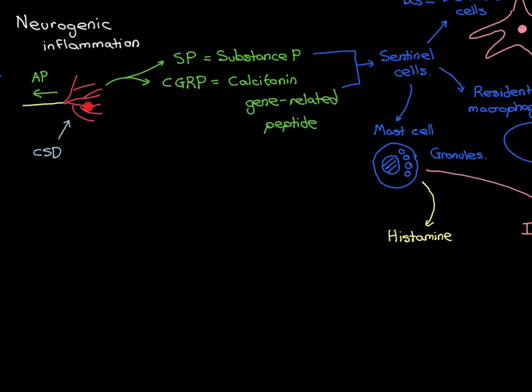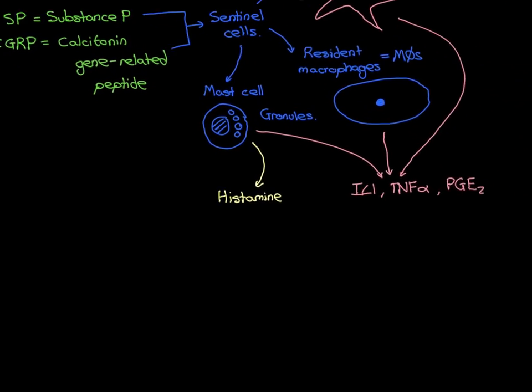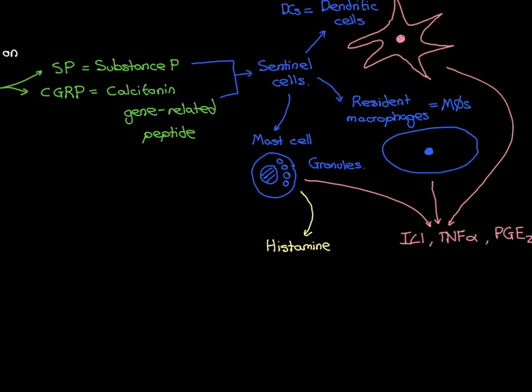Prostaglandin E2 can now come back here and activate the nociceptor again. When the nociceptor is activated, it will release more of these, and it goes round and round and round. And indeed, this is how the headache is maintained for so long by this vicious cycle that neurogenic inflammation is causing. However, we'll get there later on.